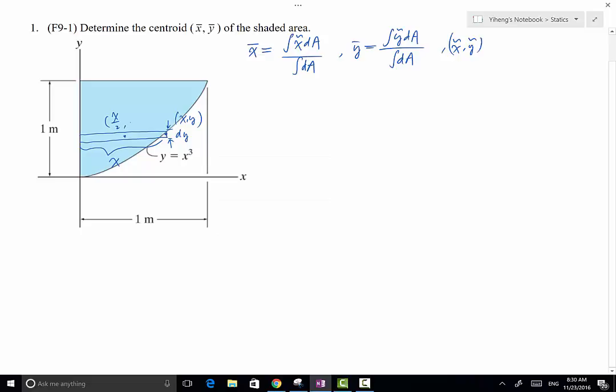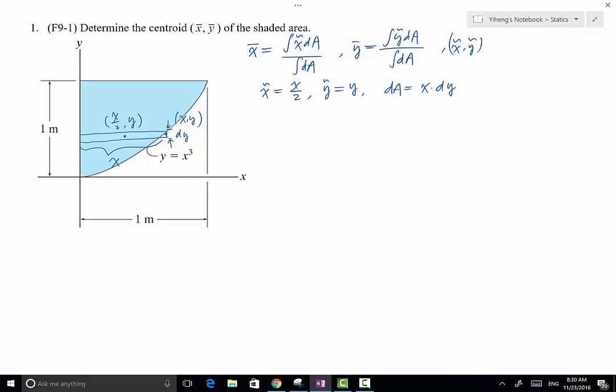That's 1/2 x. And the y coordinate is simply y. In other words, x tilde equals 1/2 x, y tilde equals y. dA equals the area of this rectangle, the width x times dy, which is the height.